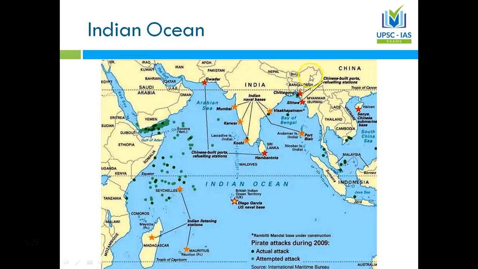You might have heard about this term. If you have not heard about this thing, then don't worry. In our future discussion, we will talk about this thing in detail. But today as we are just talking about Indian Ocean, I'm just highlighting some important things in Indian Ocean. You can go through this picture, which is available for you to download from our website. So do study this one.